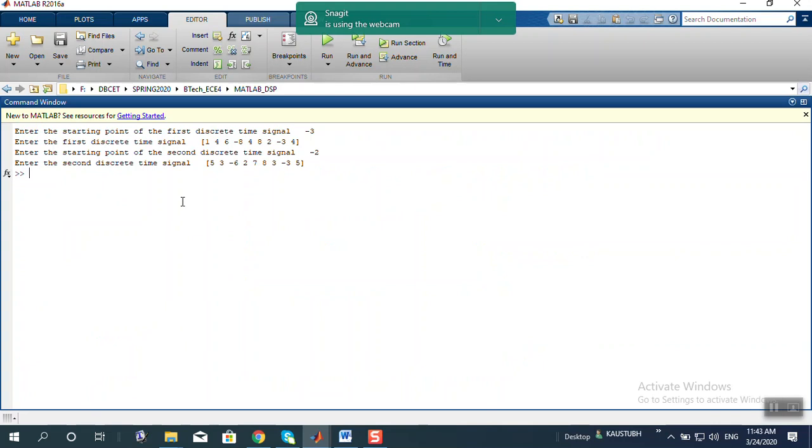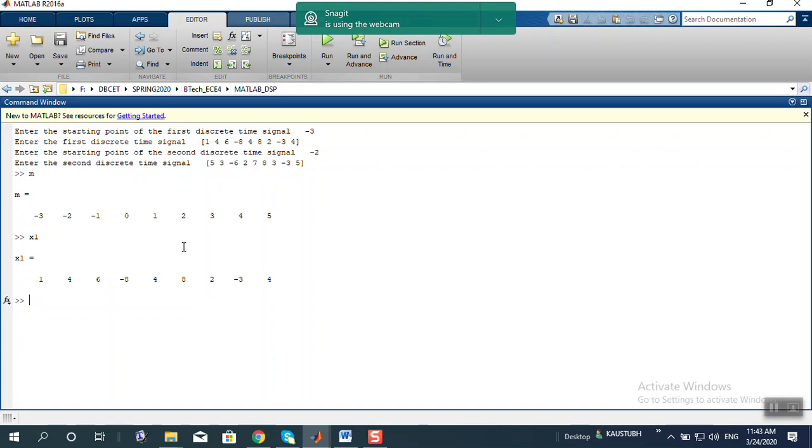So first signal M is from minus 3: minus 3, minus 2, minus 1, 0, 1, 2, 3, 4, 5. So M is minus 3 to 5. This is my x1: 1, 4, 6, minus 8, this one.